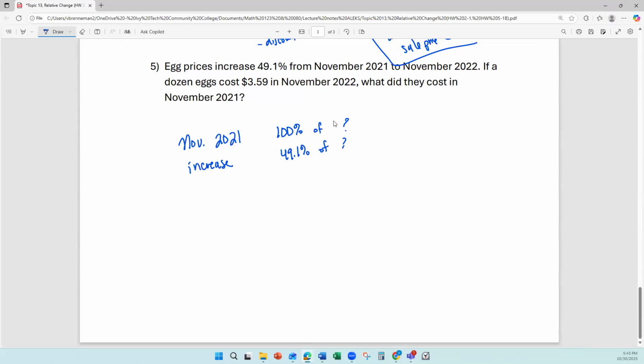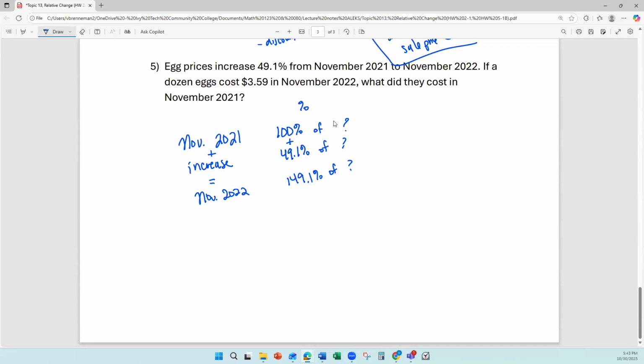So the November 2021 price plus the increase gives the November 2022 price. 100% plus 49.1% means that this is 149.1% of, again, that unknown original. But we do know the dollar amount.